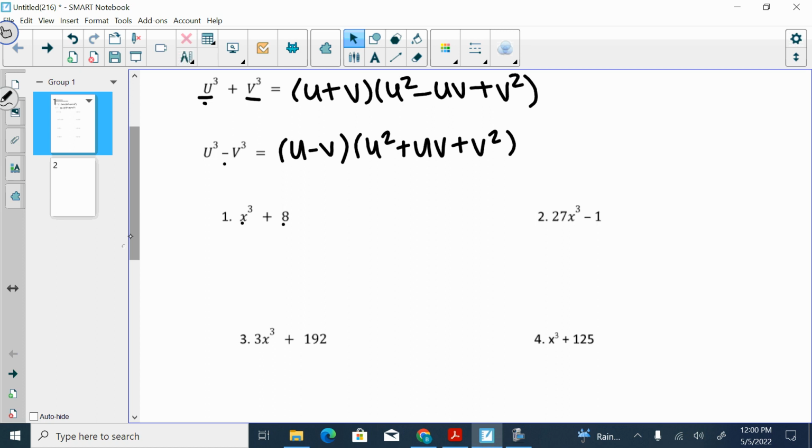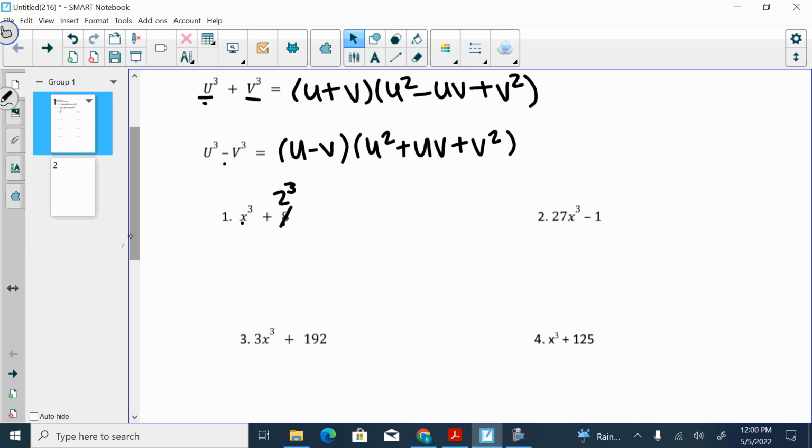Basically I need to figure out what times itself 3 times is equivalent to 8. 2. 2 times 2 is 4, 4 times 2 is 8. So I could rewrite 8 as 2 cubed, because 8 is equivalent to 2 cubed. You can check that in your calculator. If you type in 2 to the third power, it would give you 8.